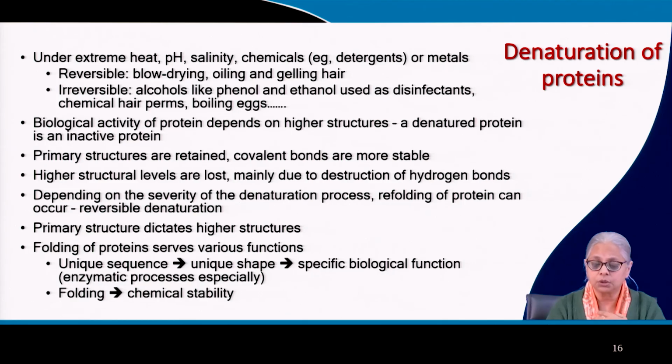So you can use alcohols, you can use certain chemicals, like I said, ammonia and other detergents and so on. These are harsh chemicals. You can use a combination of heat and these chemicals and get what is called a perm. So those of you who want to try it, you can go to a hair salon and ask them for a perm, and that is an irreversible change in the structure of your hair protein.